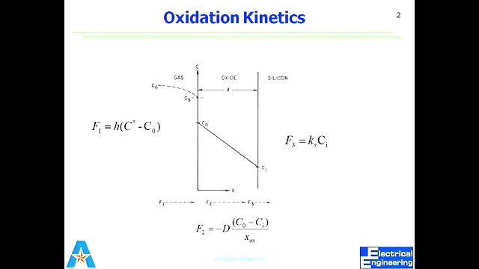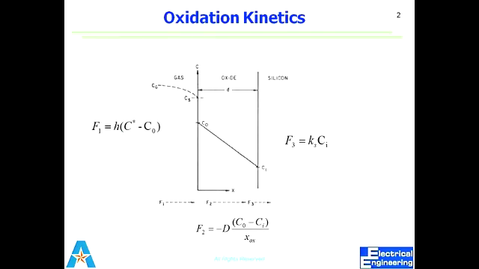When they react with each other, it depends on Ks, which is the reaction rate constant. So F3 is Ci, whatever the concentration is at the inner surface, multiplied by Ks. How do we get Ks?